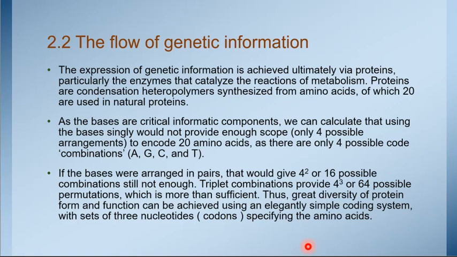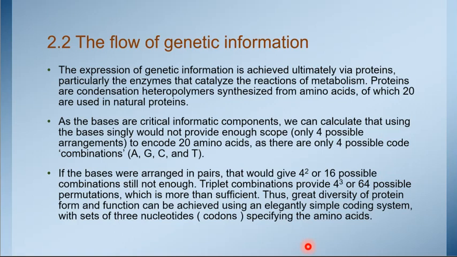As a basis for the informatic components, we can calculate that using the bases singly would not provide enough scope. There would be only four possible arrangements to encode 20 amino acids, as there are only four possible code letters: A, G, C, and T. If the bases were arranged in pairs, that would give us 4 to the power 2, or 16 possible combinations, still not enough.